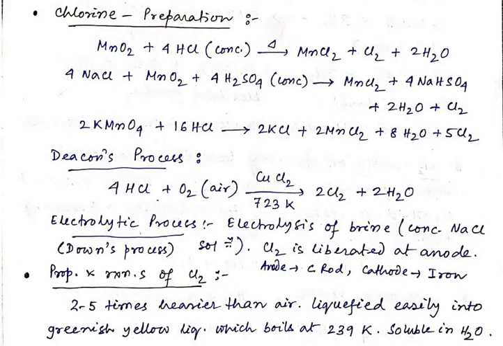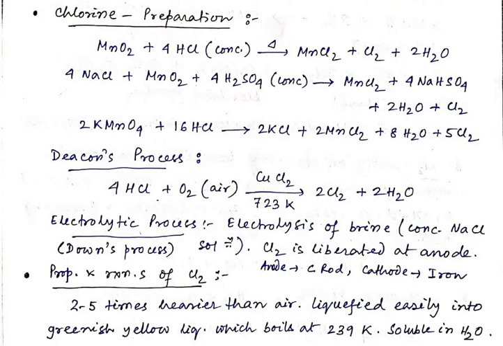Okay, that is the second process. The third process: when potassium permanganate reacts with concentrated HCl, it gives chlorine gas along with KCl, MnCl2 and water. So these three processes can synthesize Cl2 gas.